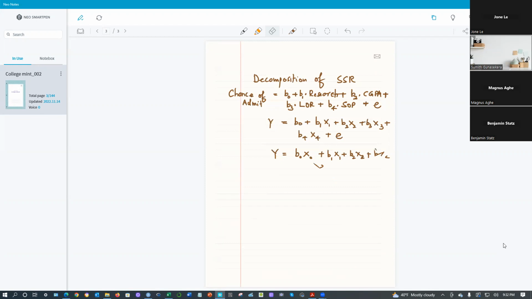That's another way to write. Most people write b naught plus, as I wrote earlier, summation notation, bi xi, i goes from 1 to 4.